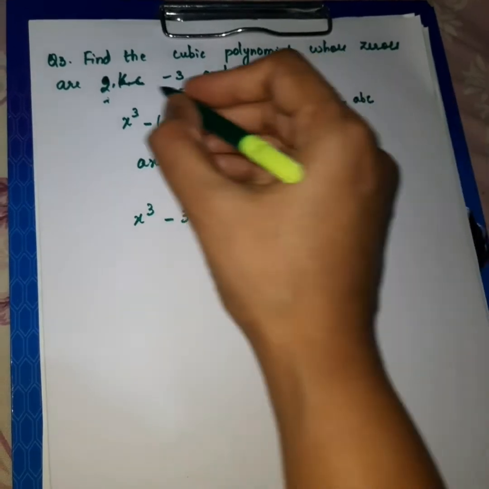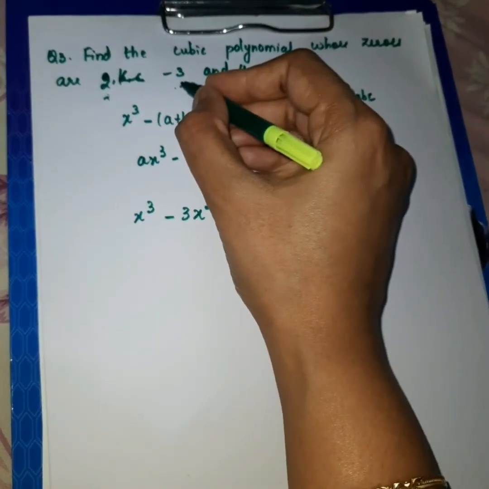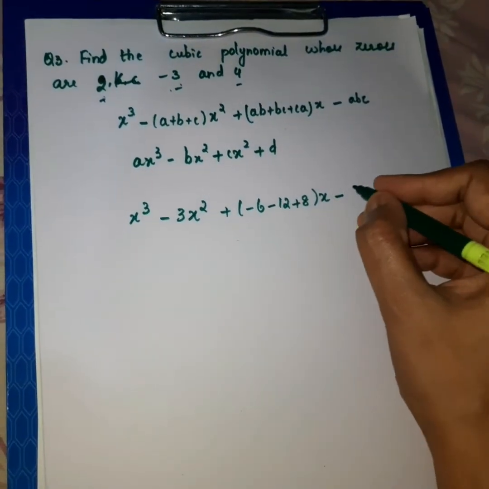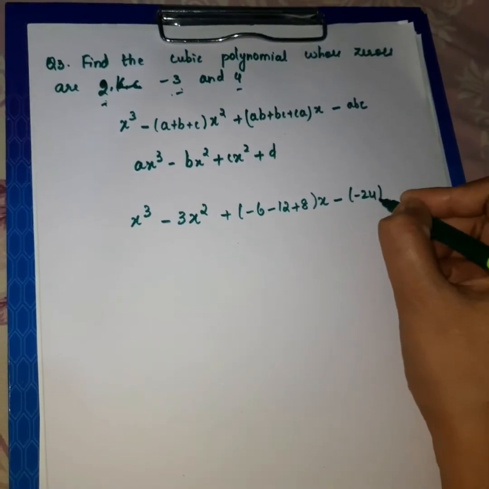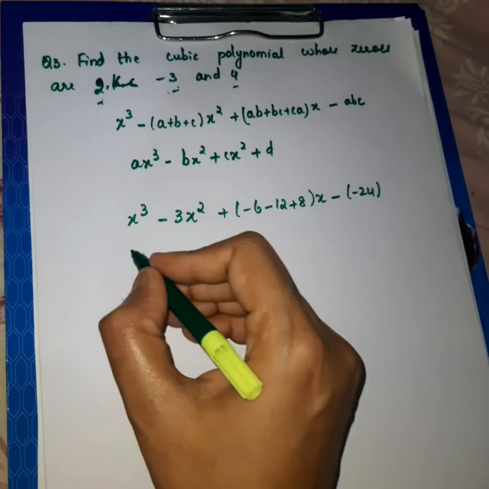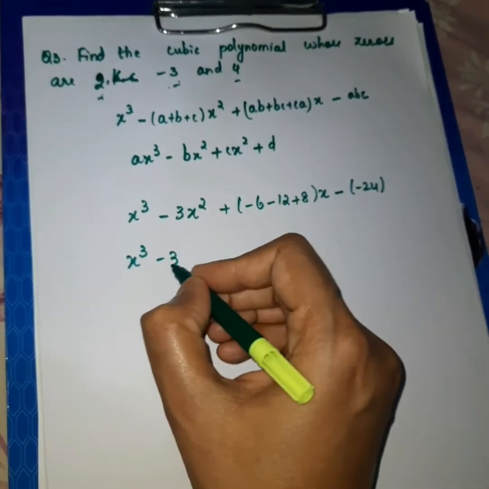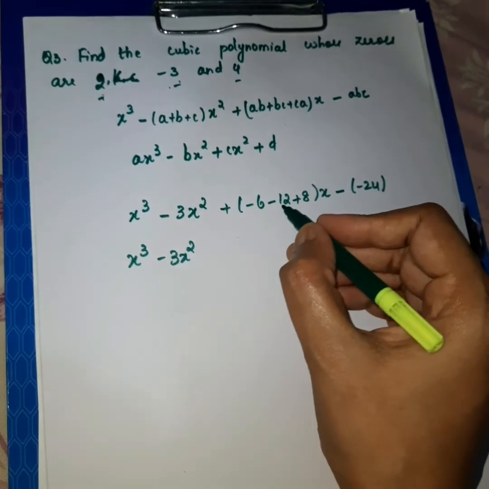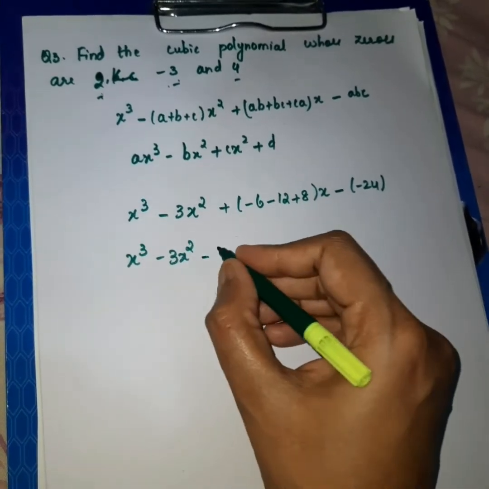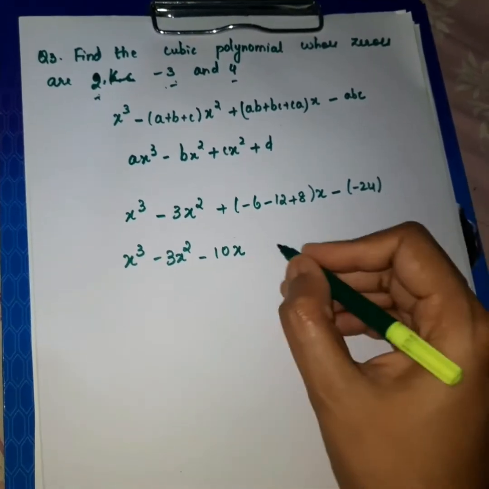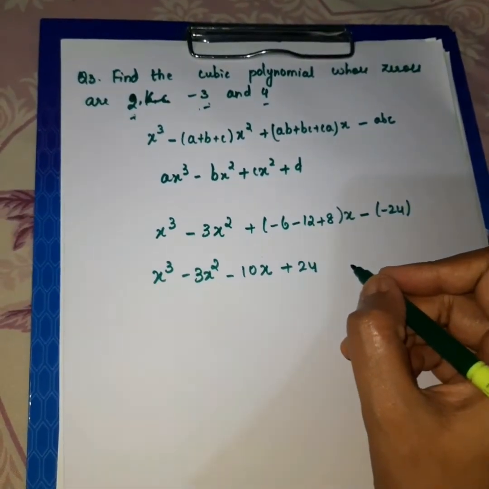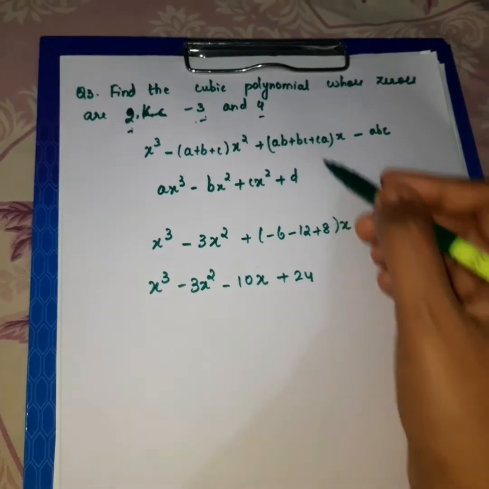The product is going to be 2 threes are 6, 6 fours are 24, and minus of 24. So with this we can derive the polynomial x cube minus 3x square minus 10x plus 24. So this is the required cubic polynomial.